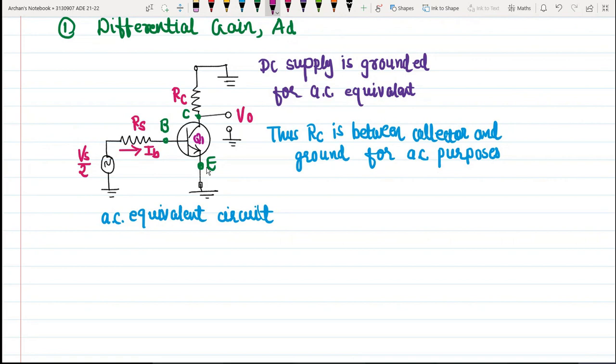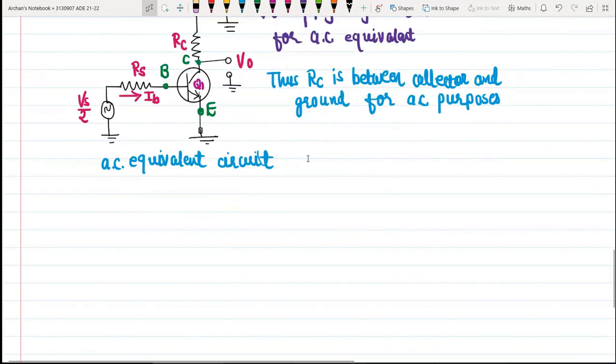So for simplification, we are considering only one AC equivalent circuit of transistor Q1, and this circuit can be analyzed by considering only one transistor.